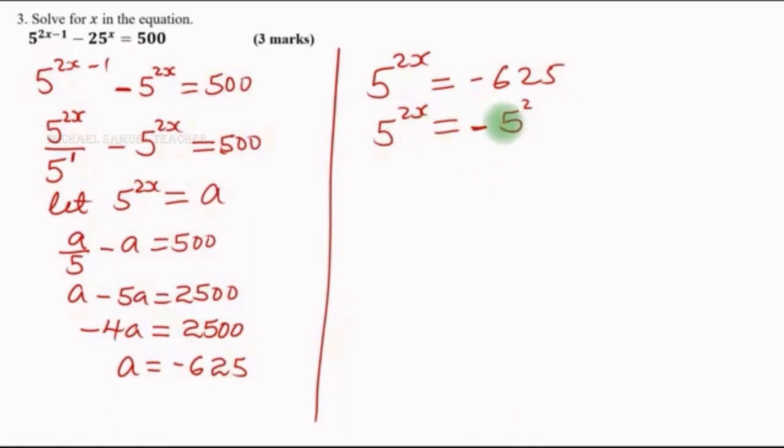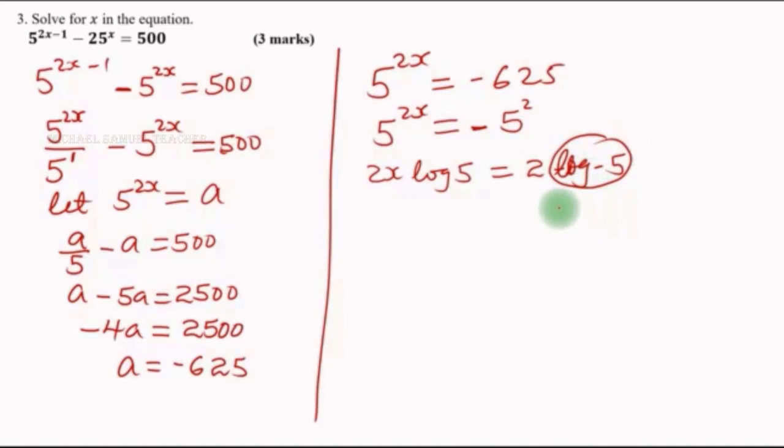Then if we introduce logarithm, we say we introduce log to both sides, we shall have 2x log 5 is equal to 4 log of minus 5, but we don't have logarithm of minus 5. So x has a complex value or a complex number, or we say it is indeterminate.